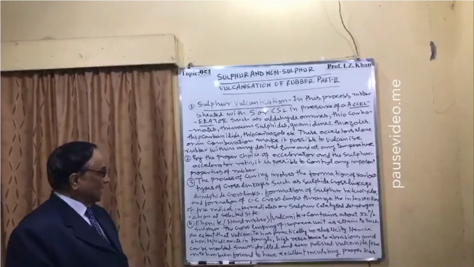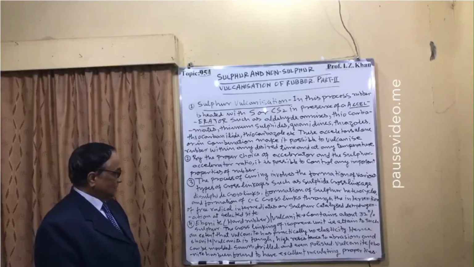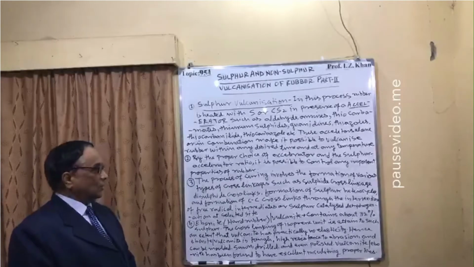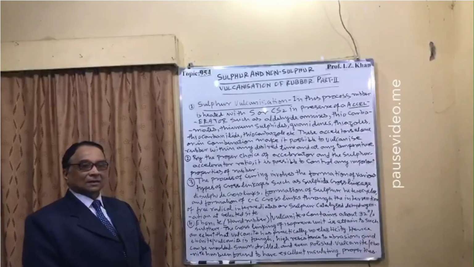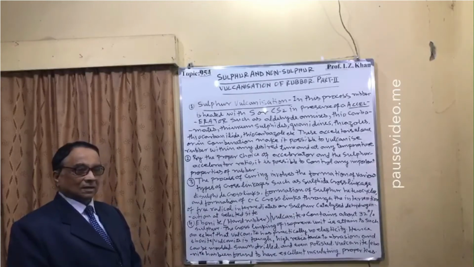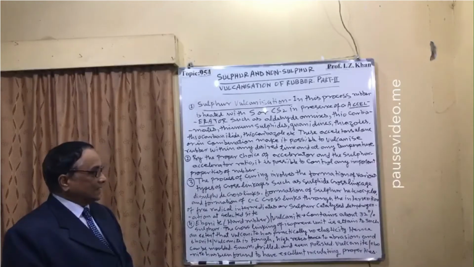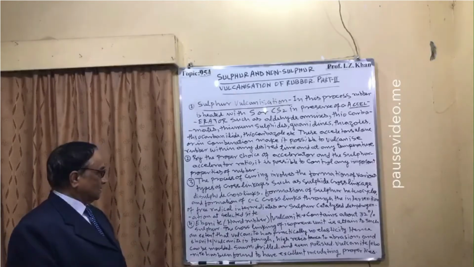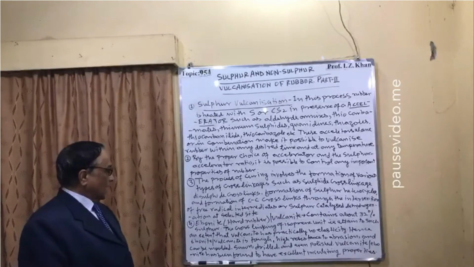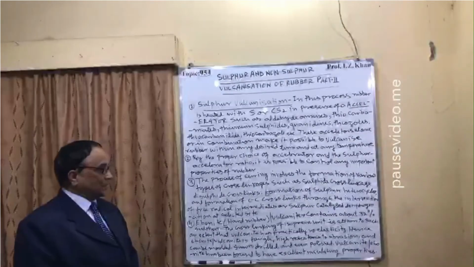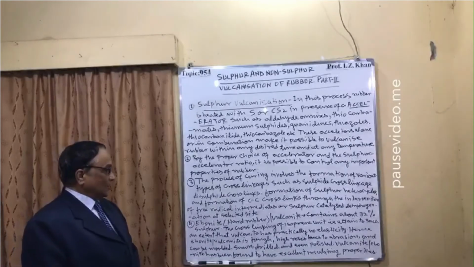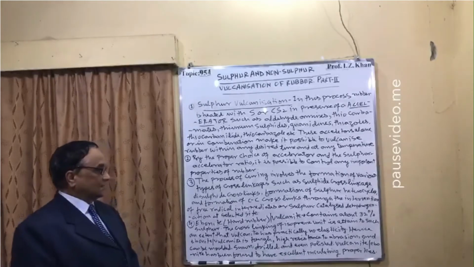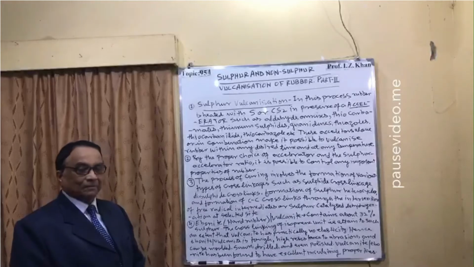Number four, ebonite or hard rubber or vulcanite. So these three have the same meaning, either ebonite, vulcanite or hard rubber. It contains about 32% sulfur. The cross-linking of the isoprene unit is attained to such an extent that vulcanite has practically no elasticity.